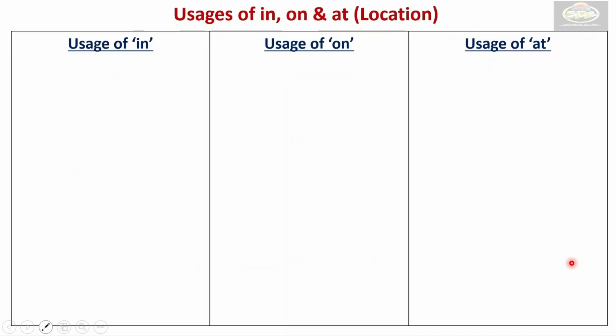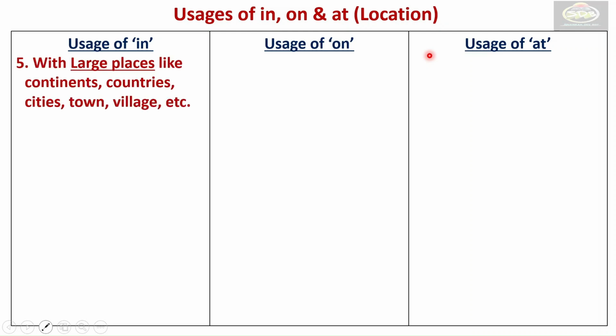Next one is in, on and at in case of location. To indicate location, we use in, on and at in different ways. Let's observe the uses of in. With large places, with boundaries like continents, countries, cities, town, village, etc. we use in.